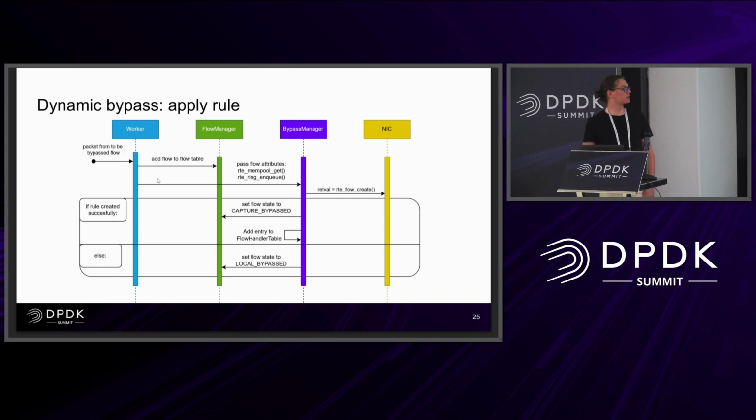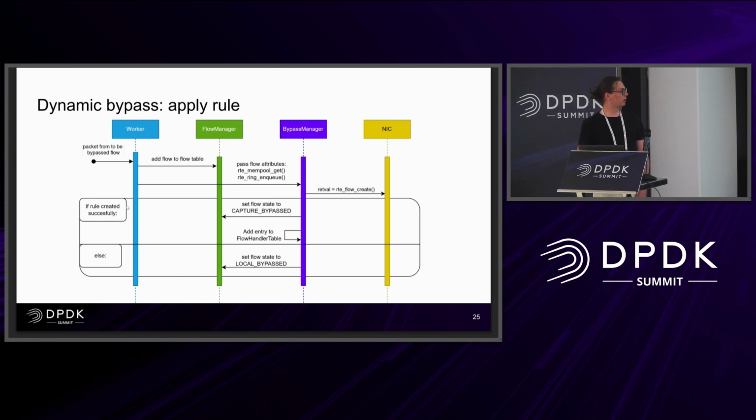Then the worker passes the attributes of this flow to the bypass manager. We utilize also RTE mempool and RTE ring. The bypass manager then dequeues the needed information about the flow and creates the RTE flow rule in the NIC.